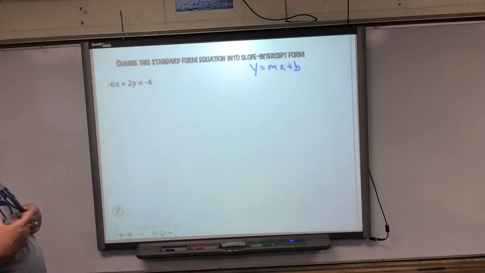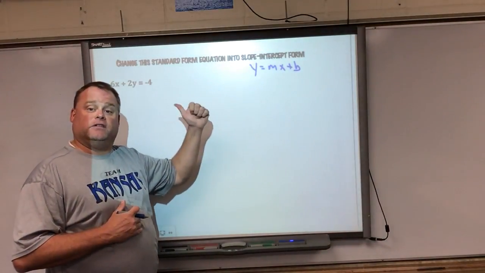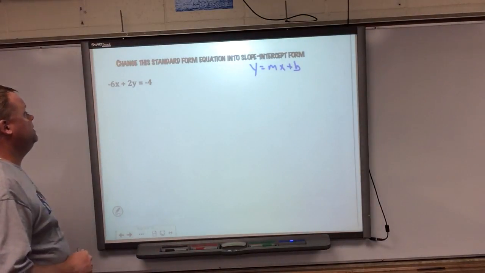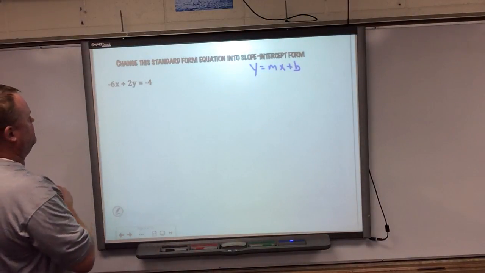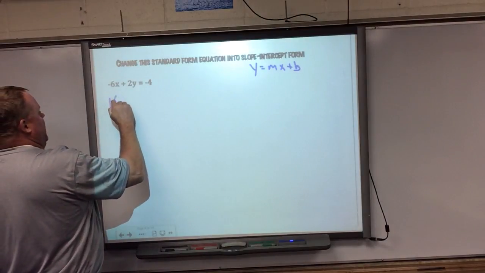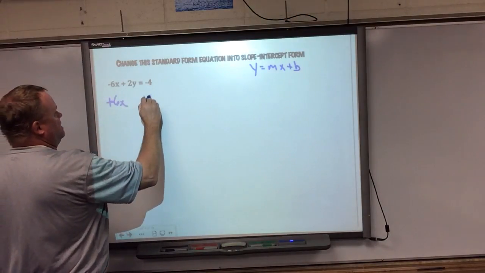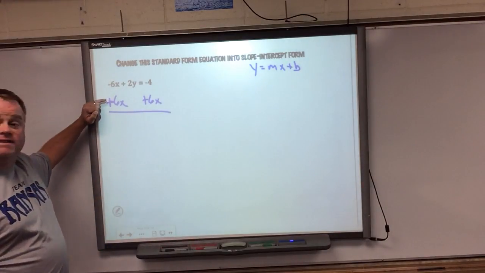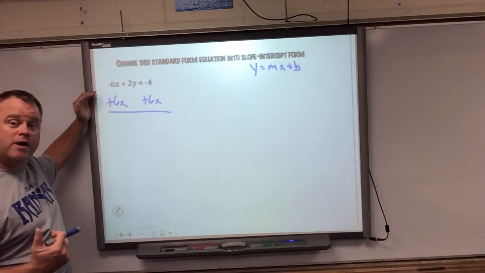Well, I want the y by itself on the left-hand side, and the x on the other side with the number. So I see a negative 6x. I want to add 6x to both sides because I need to move it. And the opposite of a negative is a positive, so therefore I have to add.